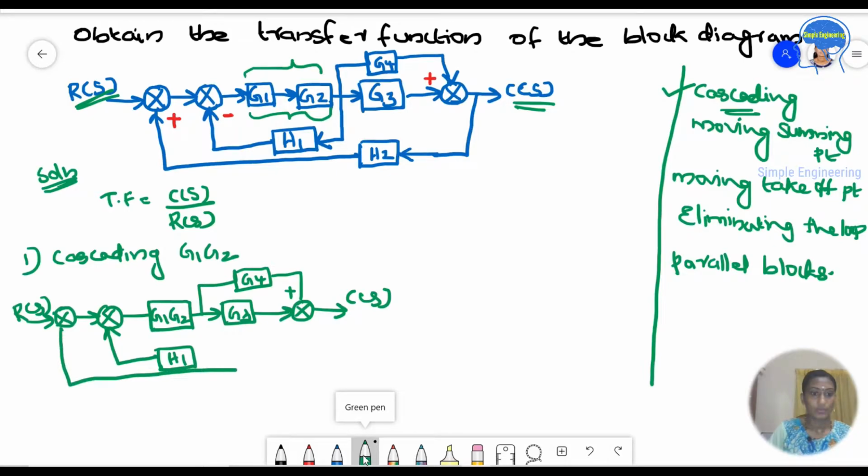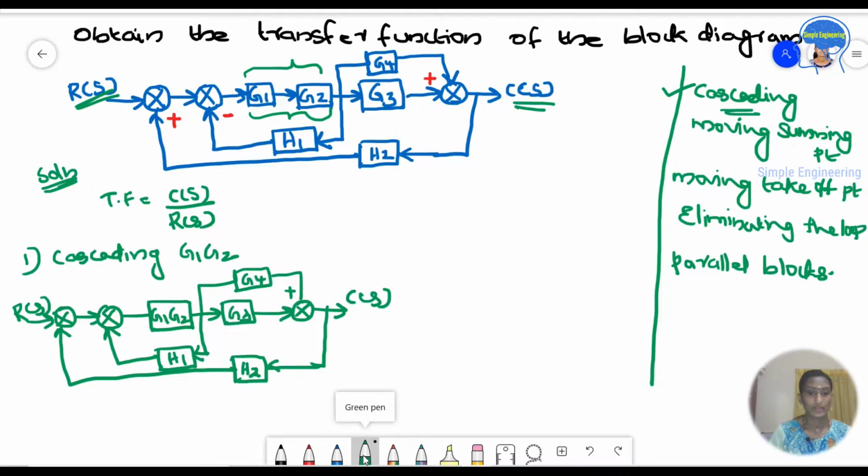If you are taking the loop, everything will change depending upon your sign. So you should take care of that while solving the block diagram. This is coming from here. After applying the first step, we can see that G1 and G2 are combined.